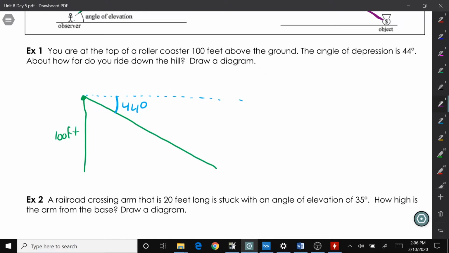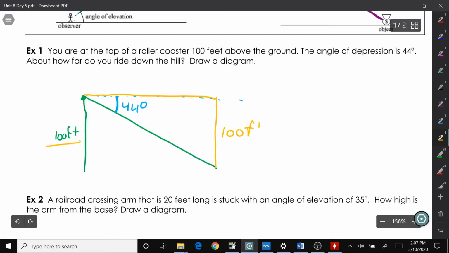And what I'll do next is I'll make this my right triangle then, so that my 44 degrees is on the inside. If this is 100 feet right here, that means this also has to be 100 feet. So here's my 44 degrees. This is a right angle. Let's label our sides.